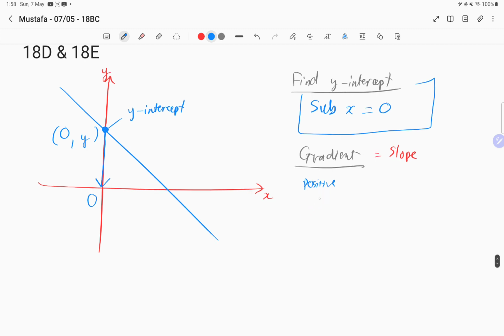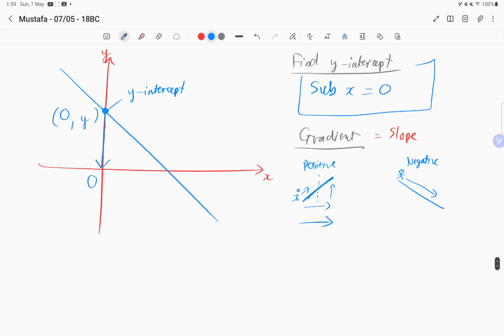If it slants to the right, it's positive because as the x increases, y increases. Imagine you're always going left to right. If you're going that way, you're going up. That's why it's positive. And the slope is negative when you go left to right, you're going down. So that's positive and negative slope.